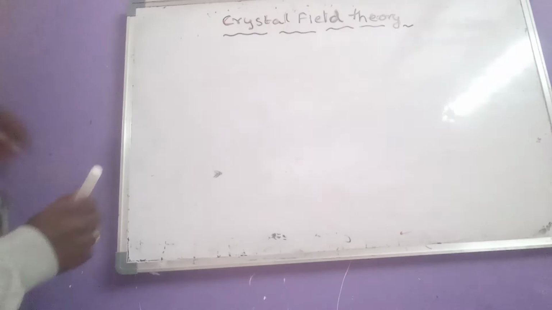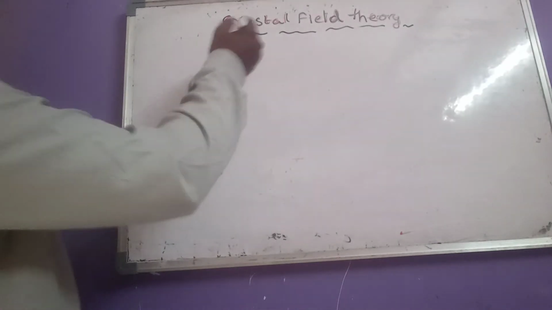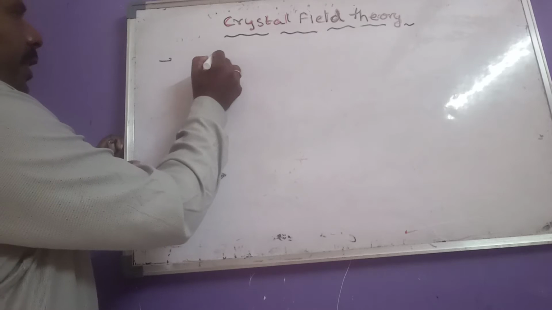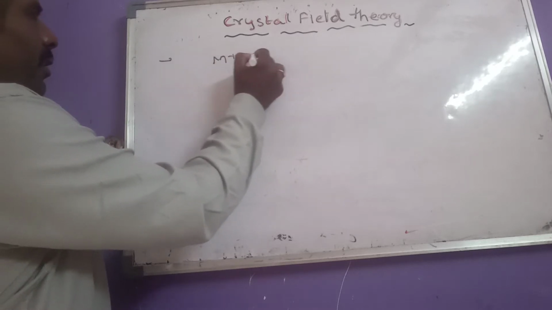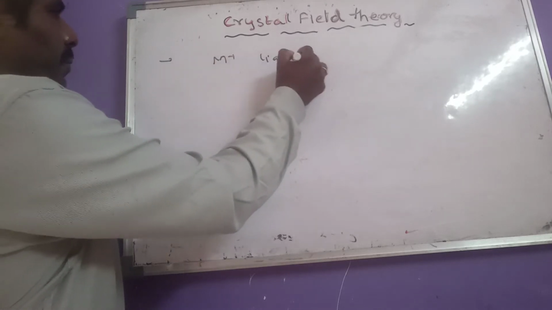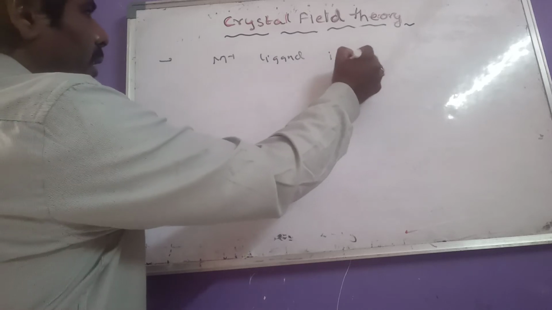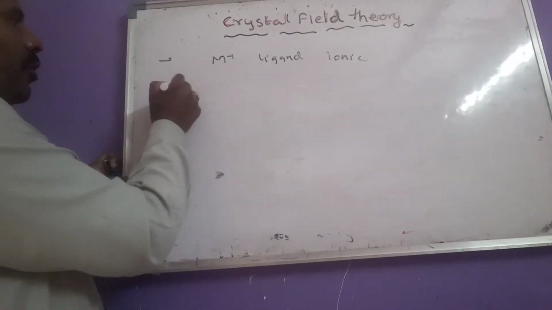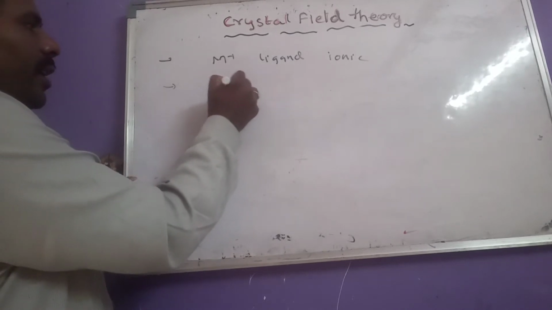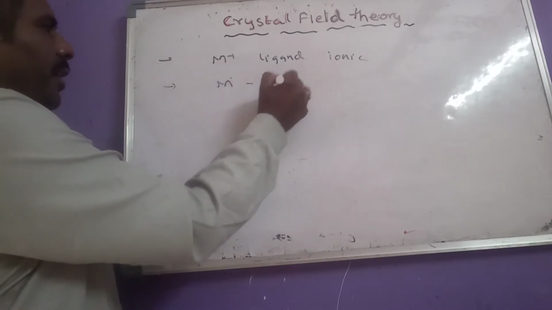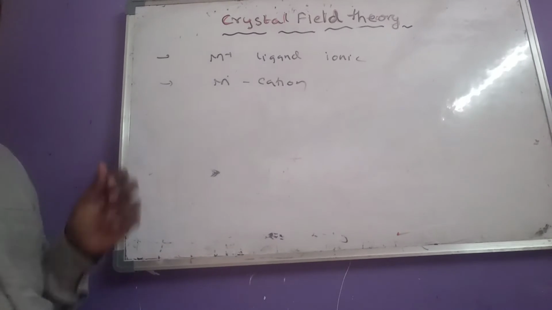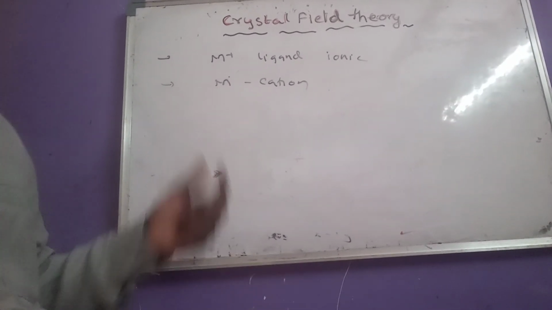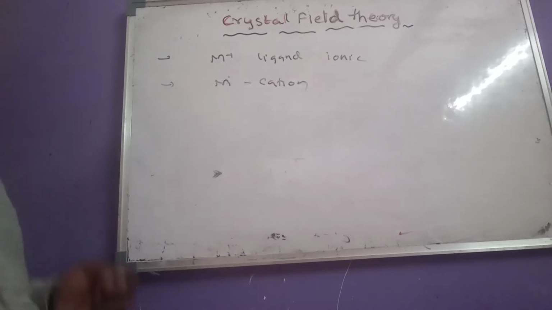First, according to crystal field theory, the bond present between the central metal ion and ligand is purely ionic. According to CFT, the central metal acts as a cation, that is, an electron pair acceptor, or we can call it a Lewis acid.